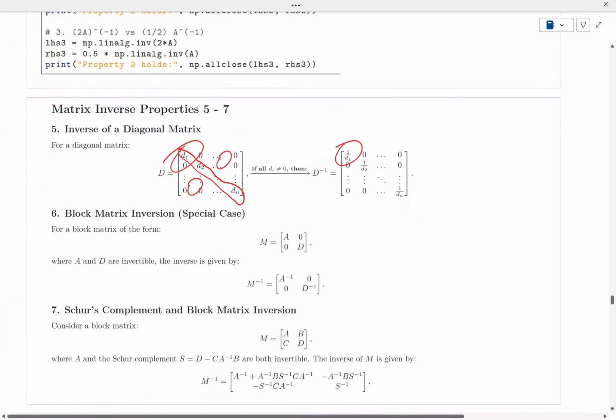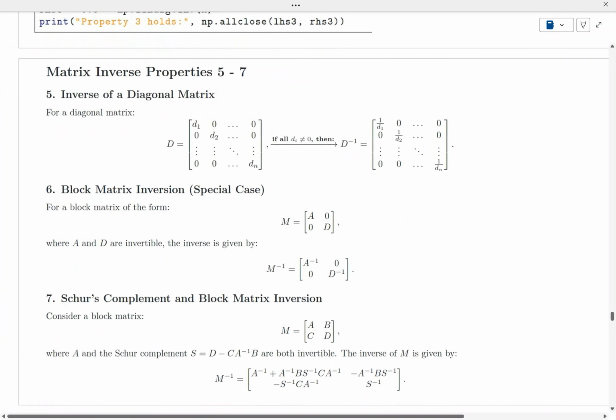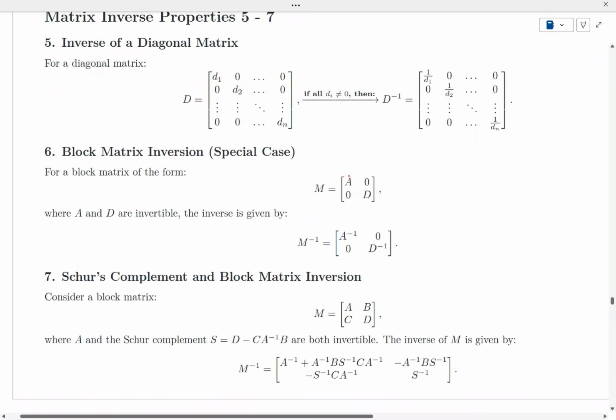If you end up doing this on an exam and you try to use Gaussian elimination, it will take you a long time. Another thing is the block matrix inverse. So right here, this is a diagonal, but a block matrix, so this is a matrix of non-zeros, and then the off-diagonal is a matrix of zeros. In those cases, if you want to find the inverse of this matrix, all you have to do is find the inverse of the blocks, so you can split it into smaller problems that are more digestible.